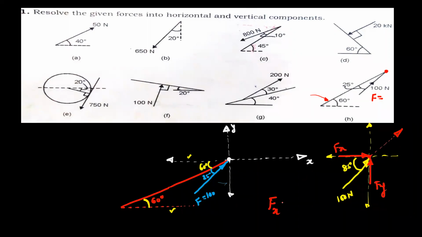So Fx is equal to, now observe the angle, Fx is adjacent to 85 degree. So it is F cos 85, and Fy is equal to F sin 85 because Fy is opposite. So you can put the value 100 Newton cos 85 and you can find out the exact answer. Both these components are positive.